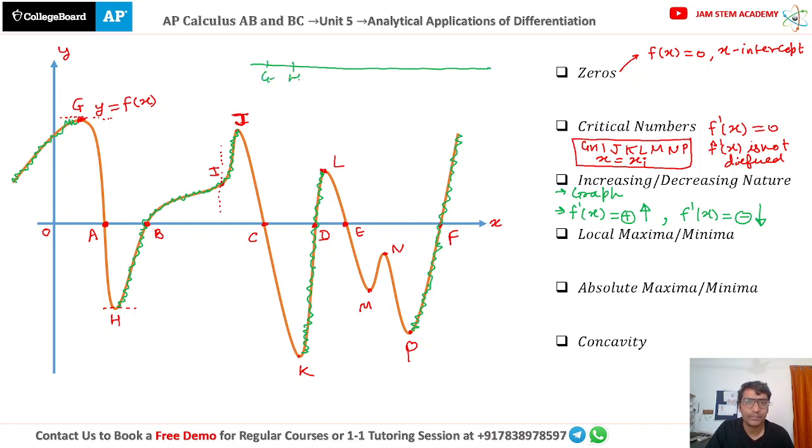G, H, I, J, K, L, M, N, and P. So your entire real number line is divided into these many parts. Now what you can do is find the sign of f prime that we already covered in the last session. You can watch that session.